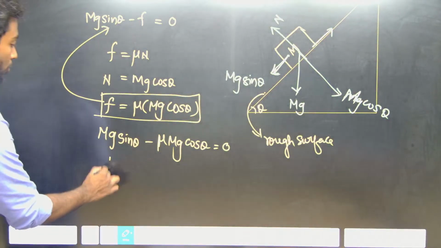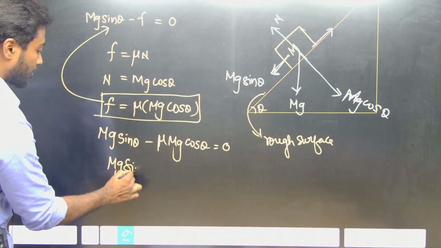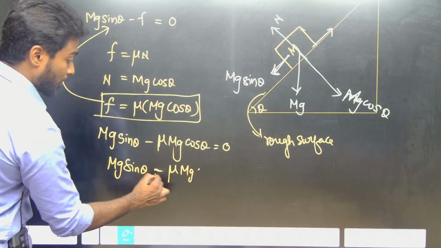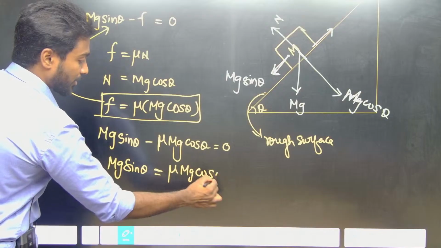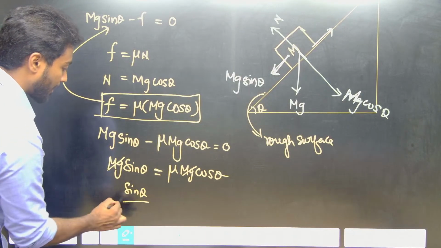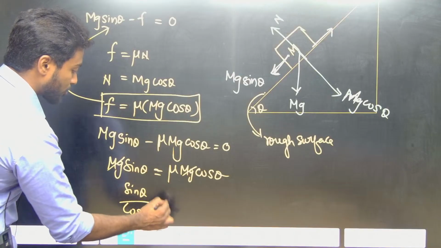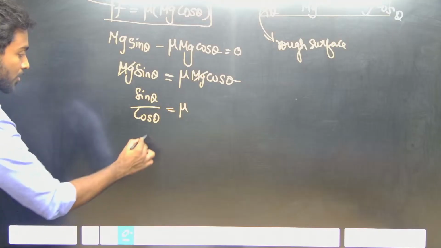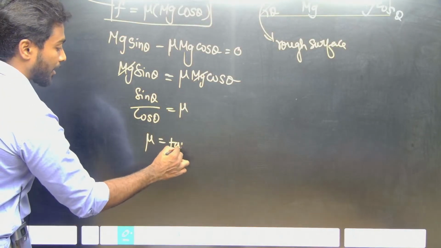So mg sin theta will be equals to mu into mg cos theta. So mg and mg will get cancelled off. Sin theta by cos theta will be equals to mu. To find the coefficient of friction, mu will be equals to tan theta.